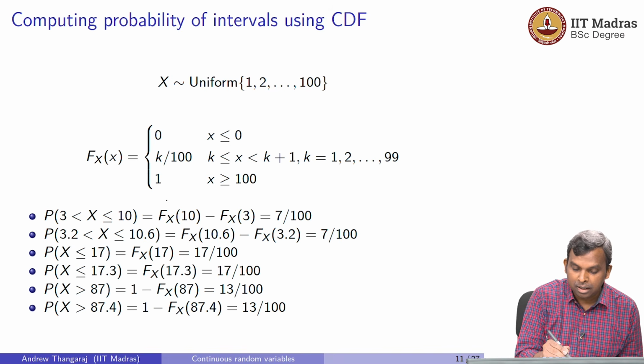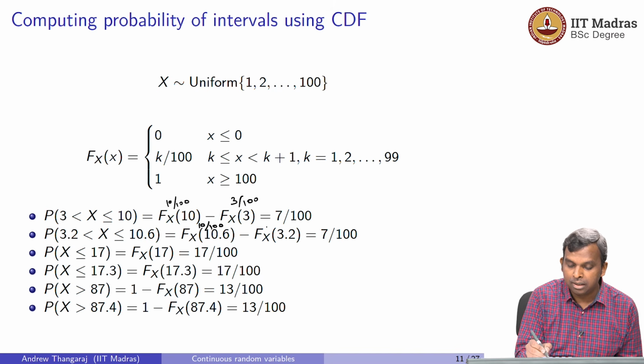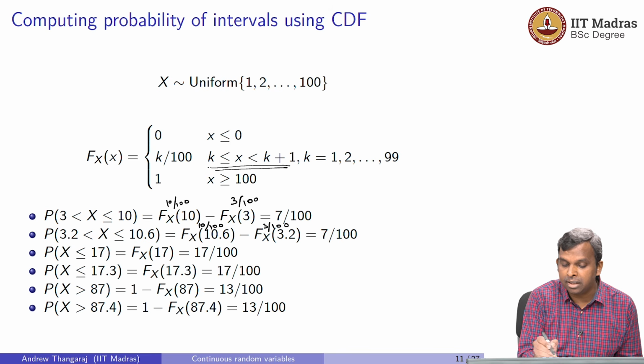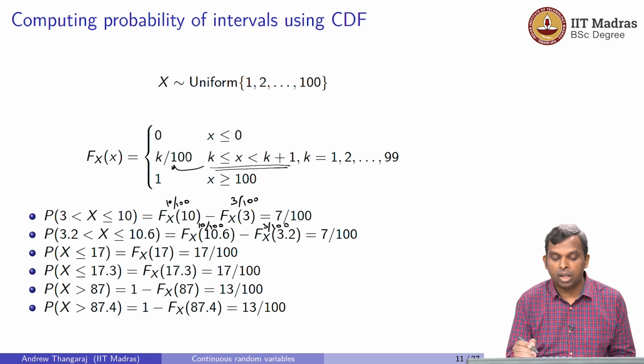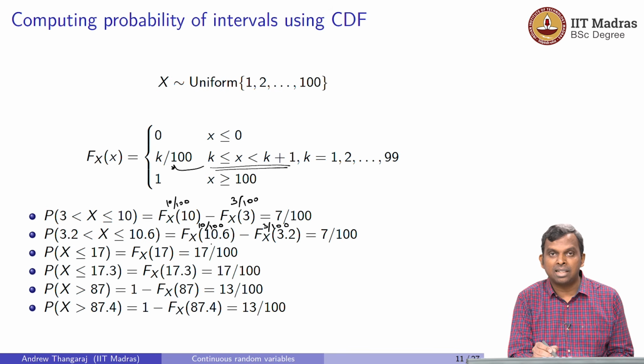Why is that? Because this whole range is just k by 100. It does not matter whether you do 10.6, 10.2, 10.3, 10.8, you will always get 10 by 100. It does not matter if you do 3.1, 3.2, 3.3, 3.7, you will always get 3 by 100. So, you get the 7 by 100 again.